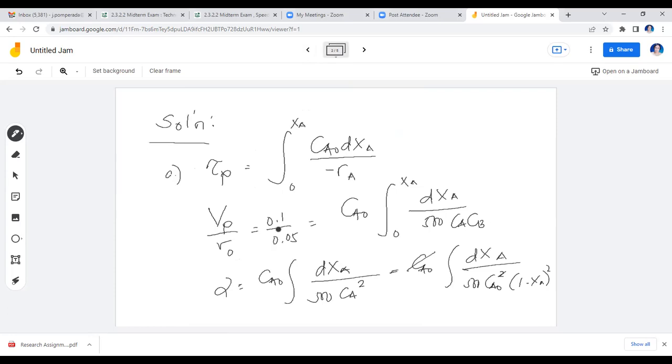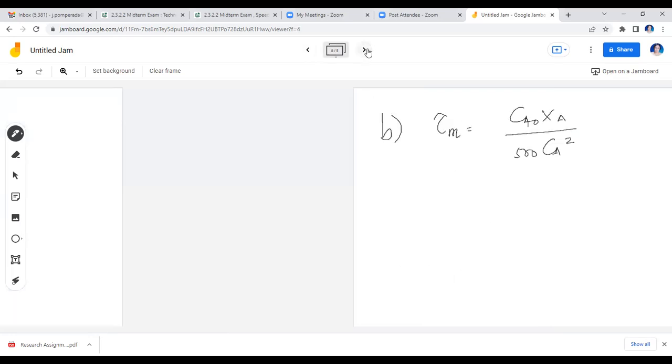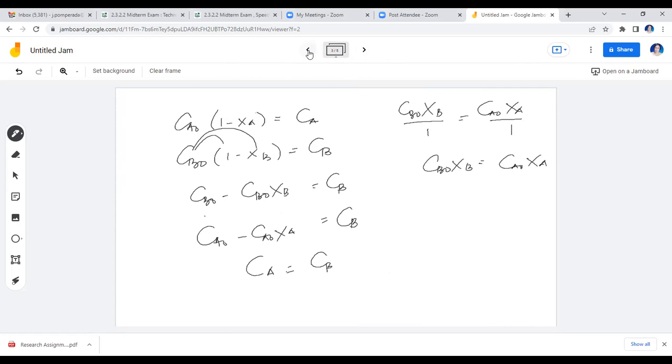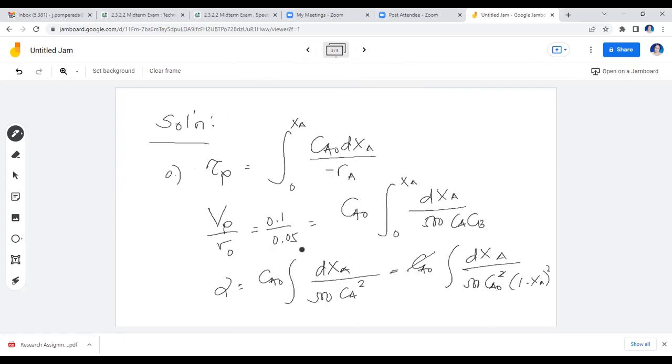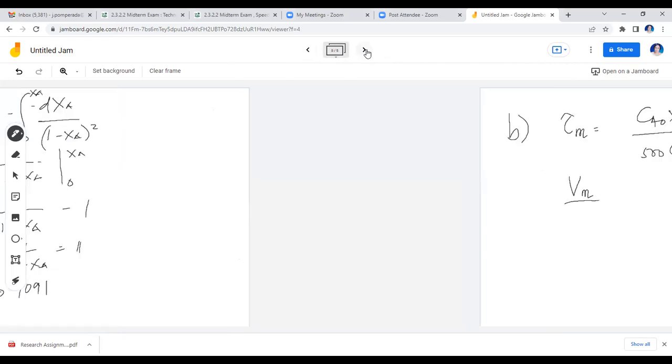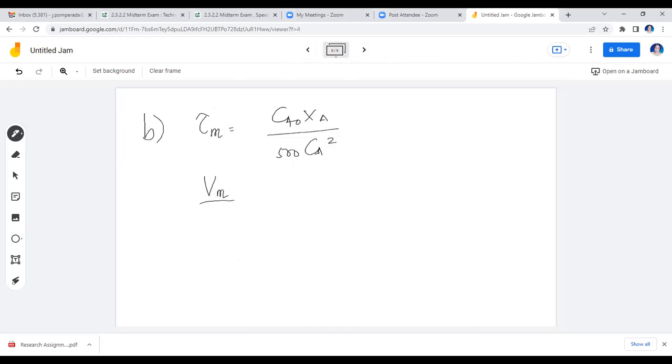So your tau here is 2. So the same tau, but of course, different volume. So your volume of the mixed flow divided by the volumetric flow rate, which is 0.05.